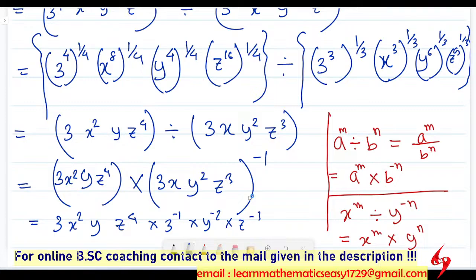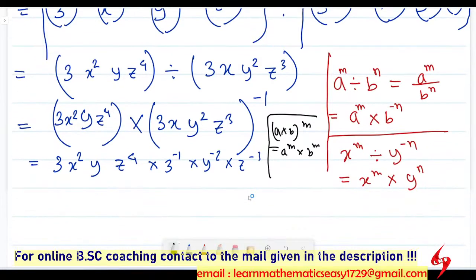Here just distributing the powers as well, like this: (ab) whole to the power m is a to the power m into b to the power m. Now I am getting the same bases and the powers will be added.